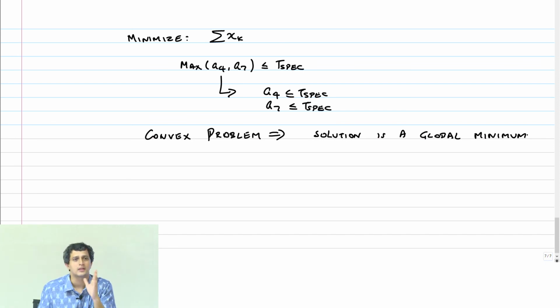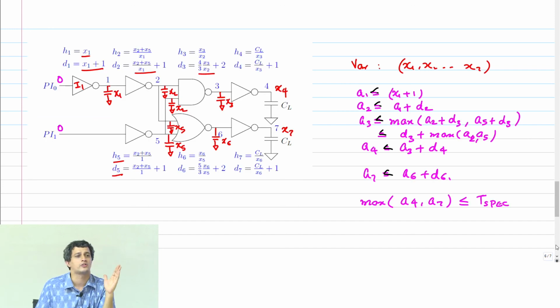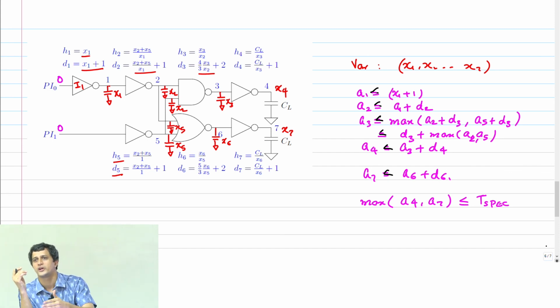Now, what is the big thing that we have done here? What we have done is just look at the number of constraints that we have introduced. It is just O of n. If I have n nodes in my circuit, how many nodes do I have here? 7 nodes. The number of constraints are basically 7, and for each input of the gate I may have something.